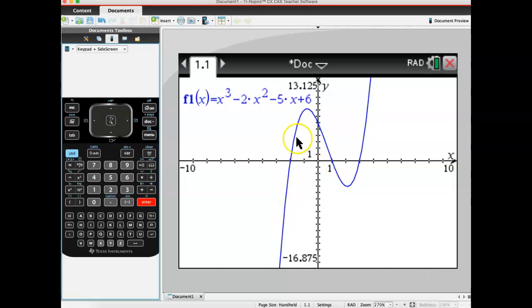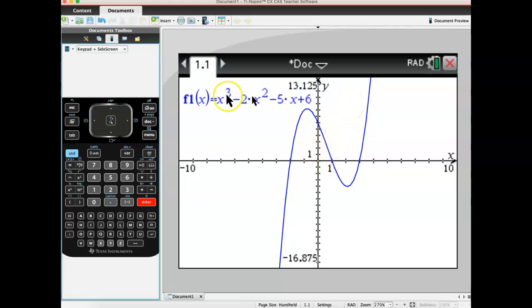So I can see I'm concave down here, I'm concave up here, so I can feel somewhere in here there's a change in concavity, okay? I'm not going to say there always is, but typically between a maximum and minimum, typically there is a point of inflection, but not always. Somewhere right in here.